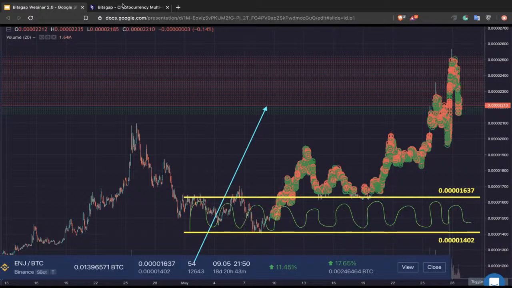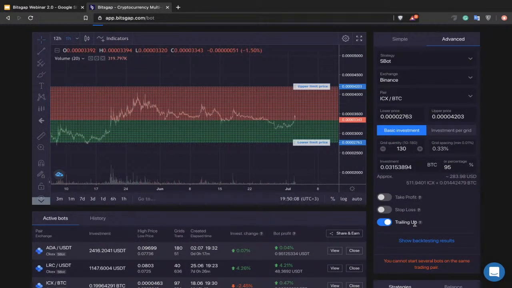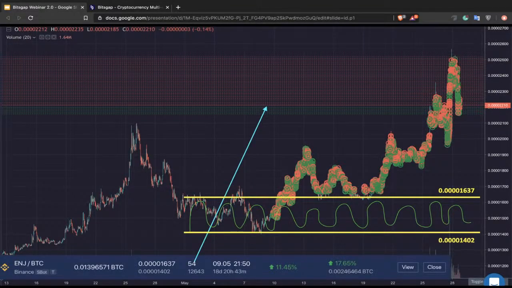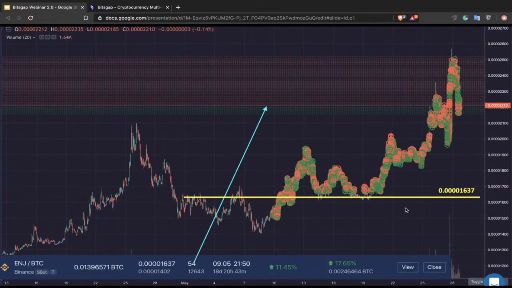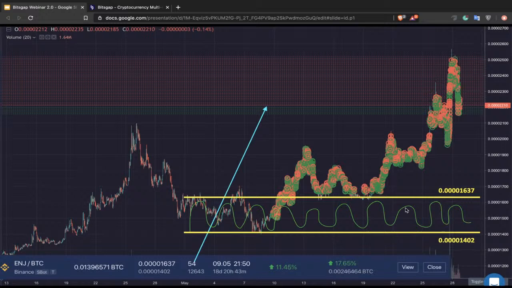So if I wouldn't have my trailing up feature on, I would get stuck in this area. But as I have my trailing up feature on, as you can clearly see here, the trading range has successfully followed the price appreciation. So that means that I let my bot trade during the price appreciation.